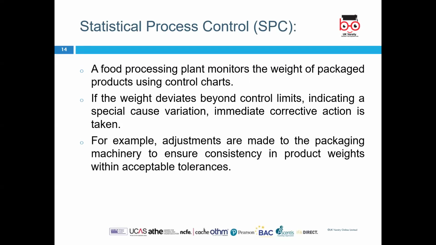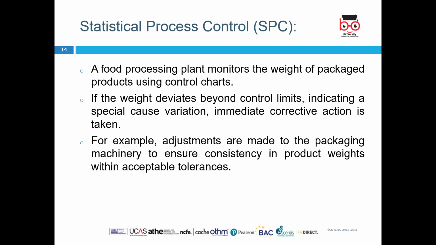Then you have statistical process control. A food processing plant monitors the weight of packaged products using control charts. If the weight deviates beyond control limits, indicating a special cause variation, then immediate corrective action is taken. For example, you can have potato chips. The normal is say 100 grams, with a limit of plus minus 3%.